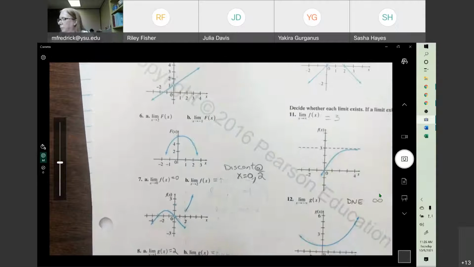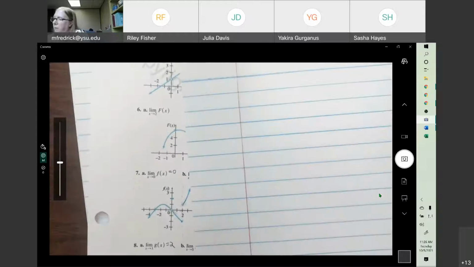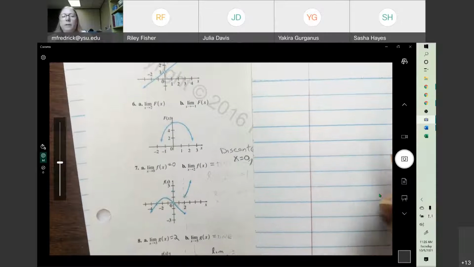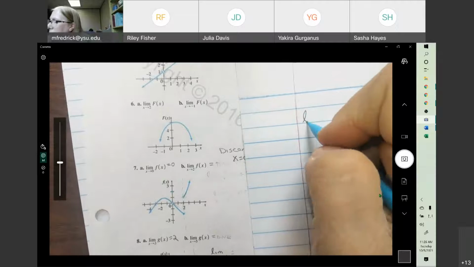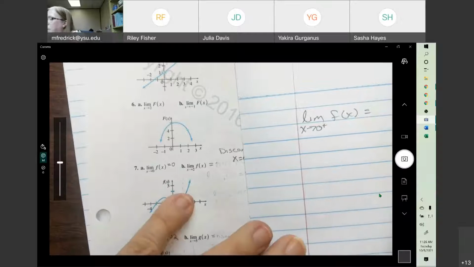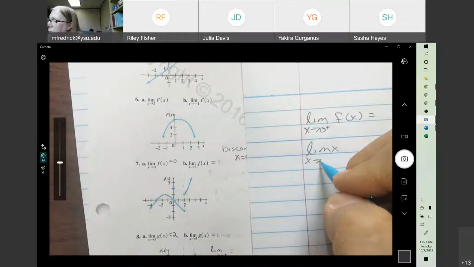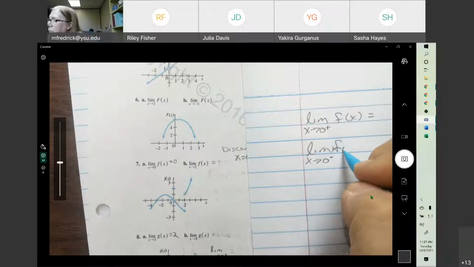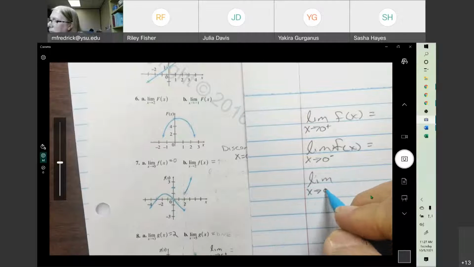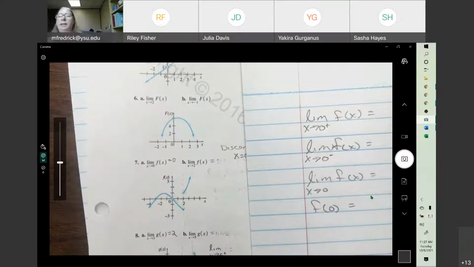So I would find, for the 0, the limit as x approaches 0 from the right, the limit as x approaches 0 from the left. So on a test, I would give you all 4 of these.